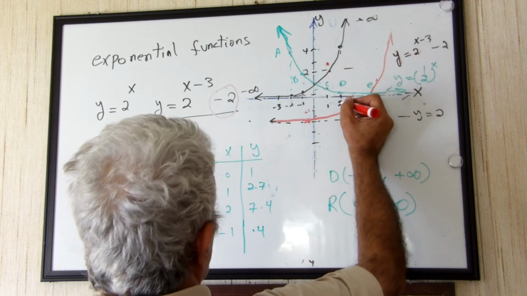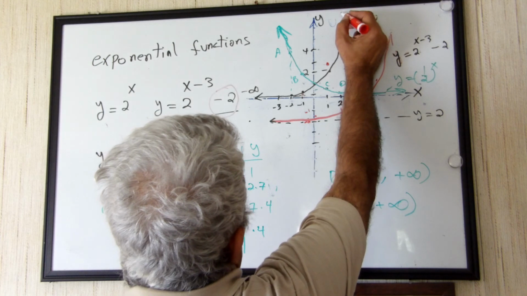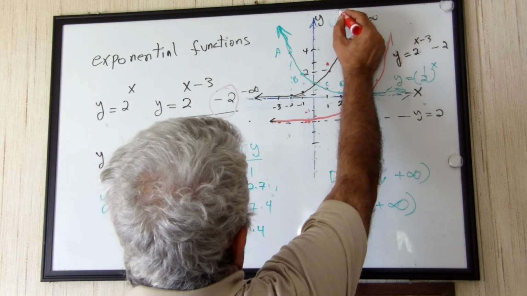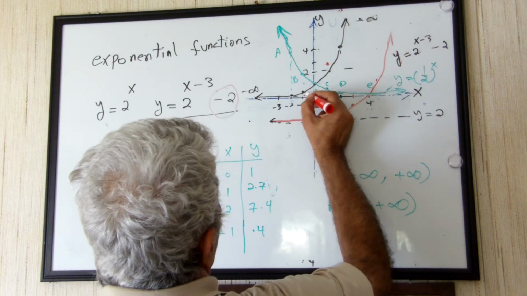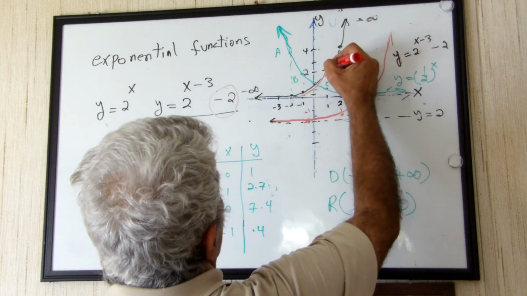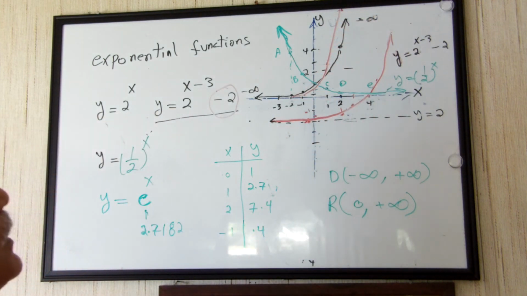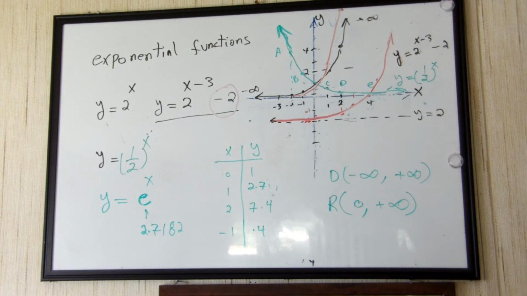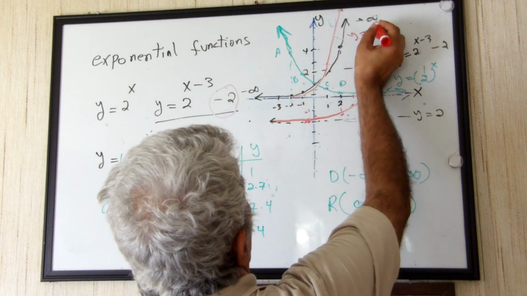And for 2, y is 7.4, counting 5, 6, 7, it's going to be somewhere there. Then we connect these points. It's going to be like this. This is y equals e to the power of x.